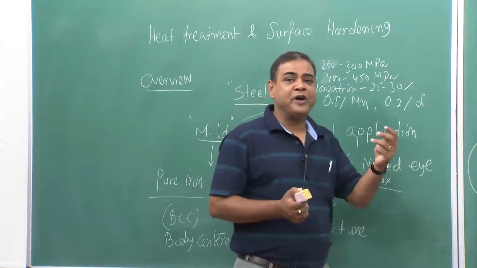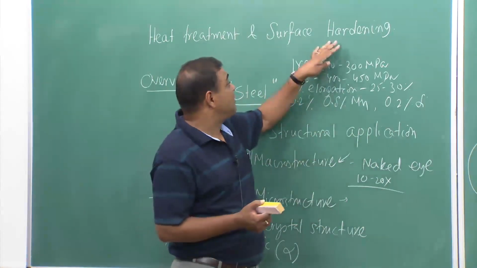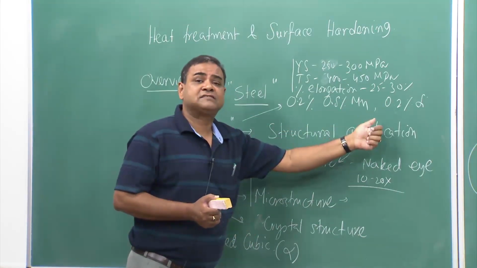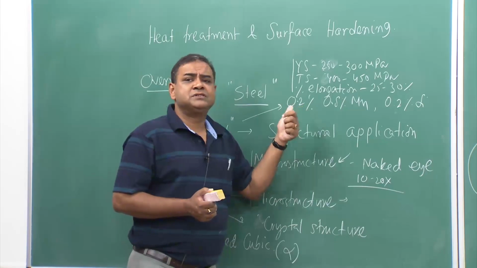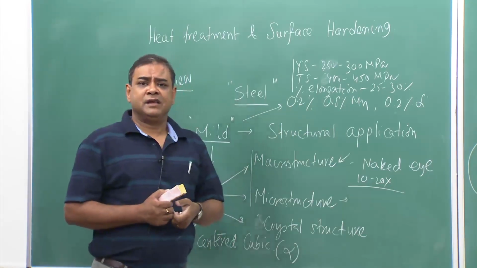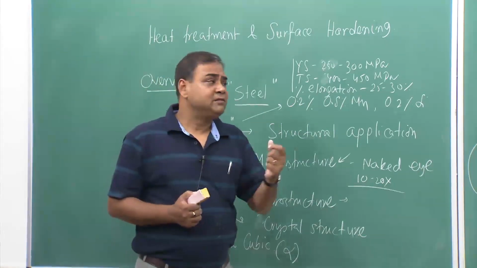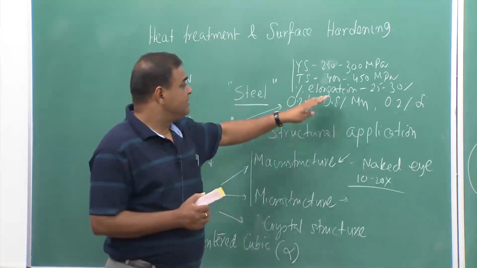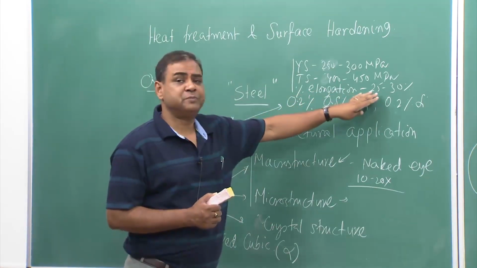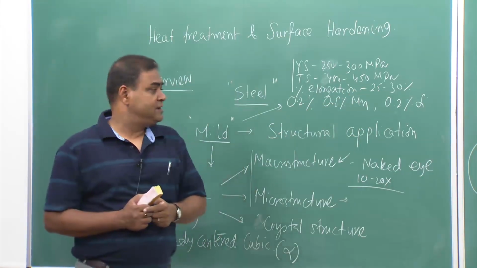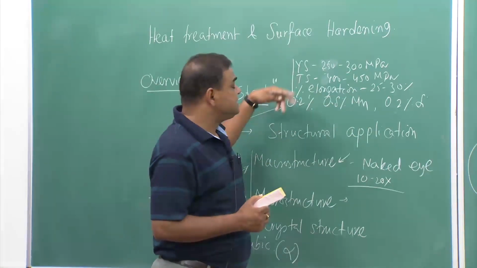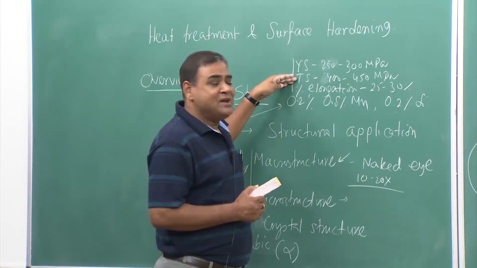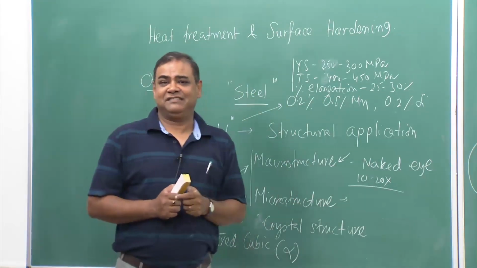If we consider 0.1% carbon steel of the same composition, with silicon and manganese all the same, but carbon reduced by 0.1%, then the yield strength and tensile strength will both reduce, but the associated change is that elongation would increase. But if we increase the carbon content, these two values increase, but elongation would decrease.